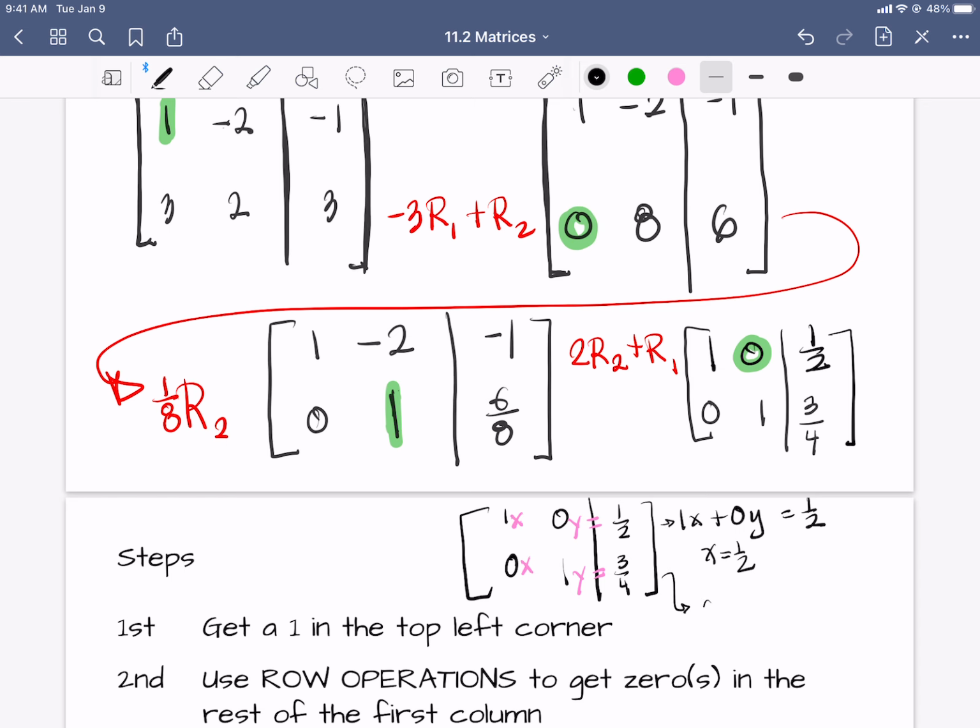The second equation looks like this. And there it is. So your answer is x equals 1/2 and y equals 3/4. And that's how that works.